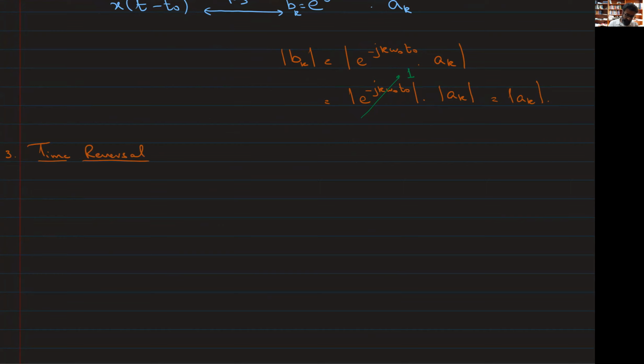Okay, so once again, if x of t has a Fourier series decomposition, and the Fourier series coefficients are given by a sub k's, right? So this is a sequence. The question then is, what are the Fourier series coefficients of x of minus t?